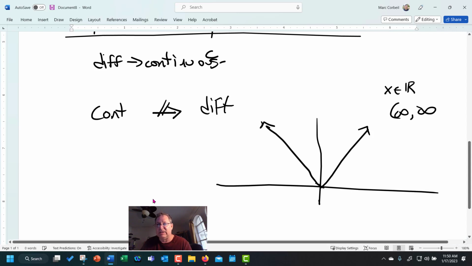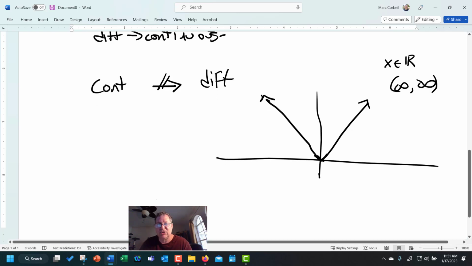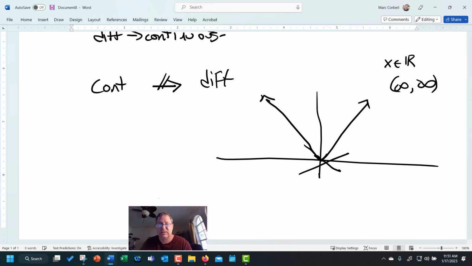So we have continuity there. But differentiability is not going to be definable at that point. When we try to draw the tangent line to a sharp point, that's not going to work. Do I draw it here? Do I draw it here? Do I draw it there? So what's missing here is that as I approach it, the function is not going to have a derivative. So you want to be careful about that.